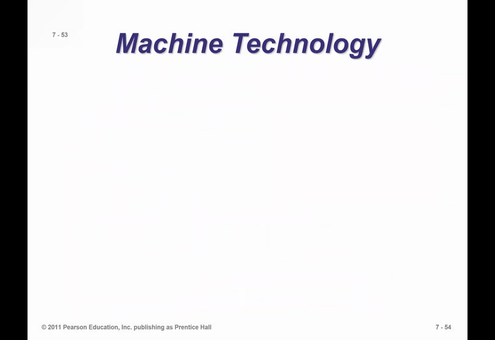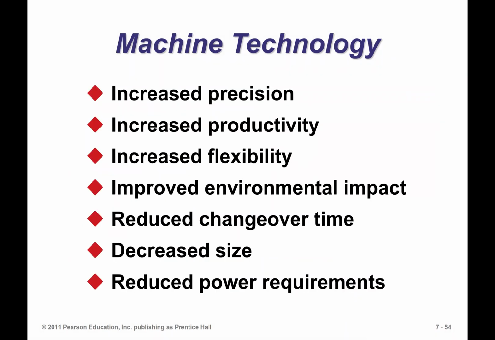So machine technology increases your precision, increases productivity, increases flexibility, improves environmental impact, and reduces changeover time, right? That's what new machine technology can do for you. And it can decrease the size of your labor force and reduce your power requirements, because every time a new machine comes out, it's rated as using less power.